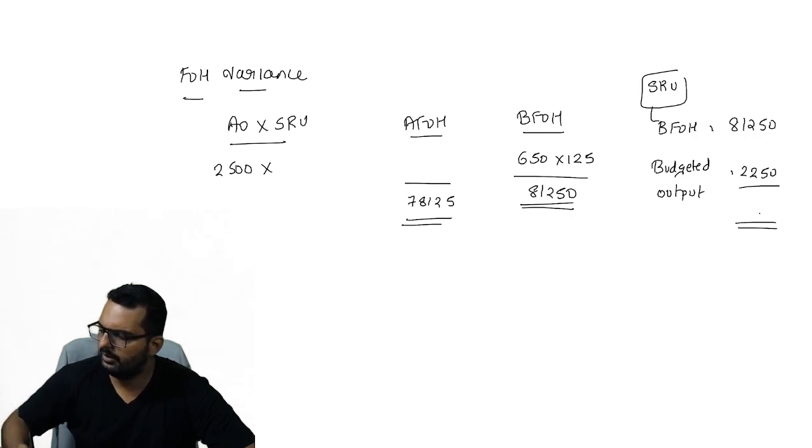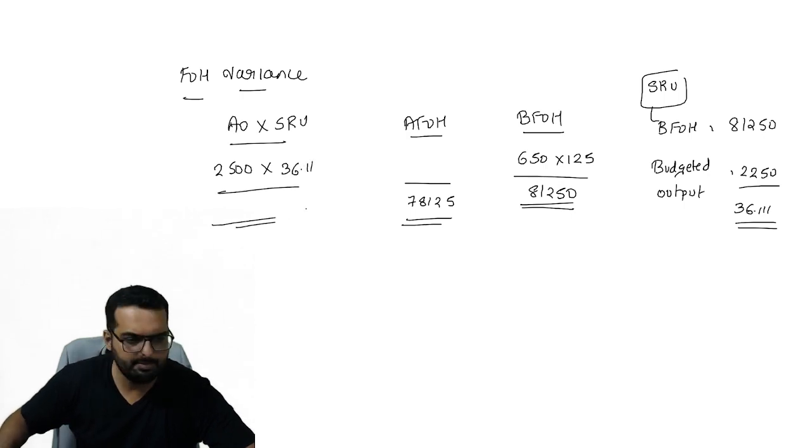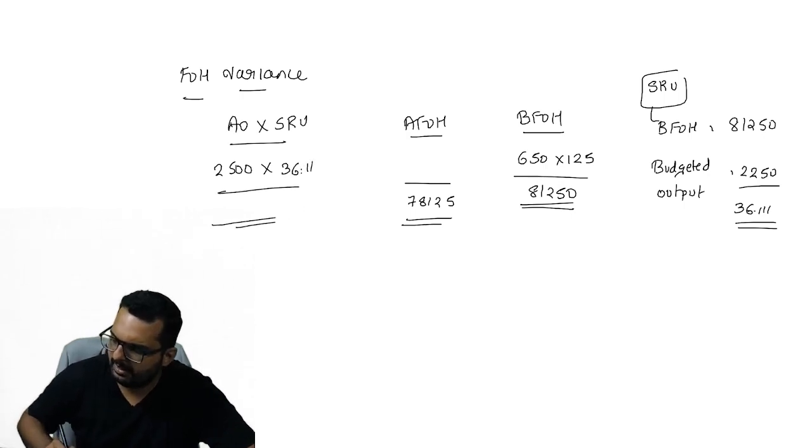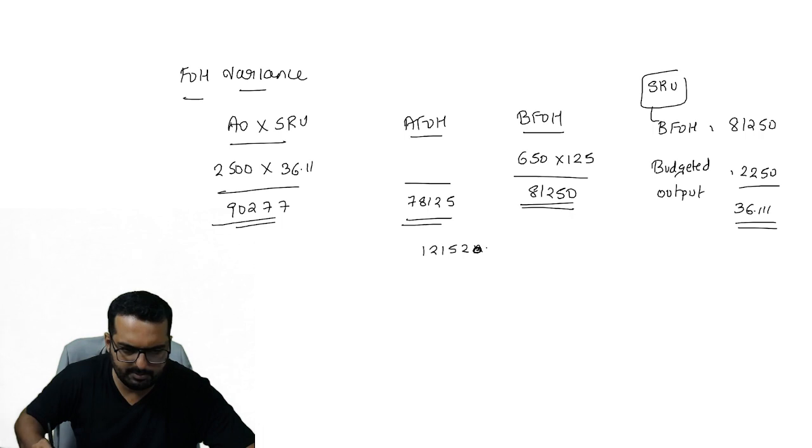You will get the answer as 30.11 is what I believe. So if I multiply with 2500, I'll get the answer as 90,277. So I will get the variance as 12,152 favorable.